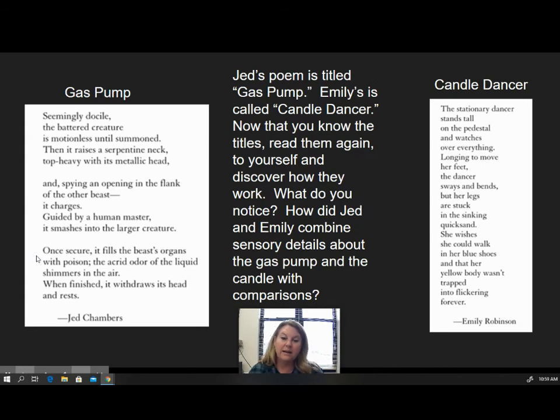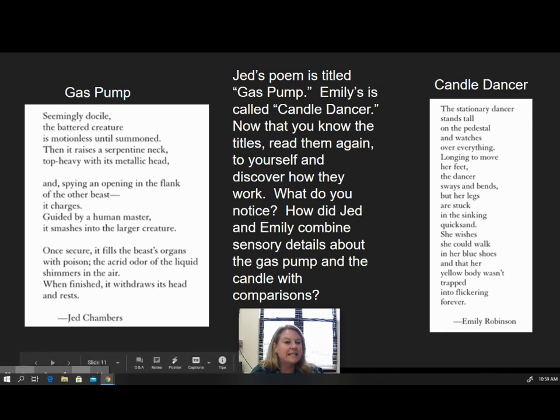I know when I put gas in my car, it looks like the air around it shimmers. That's what he's describing there. So along with personification, we're seeing some sensory details that allow us to see it now that we know it's actually a poem about a gas pump. When it is finished, it withdraws its head and rests, and that's when the person takes the gas nozzle out of the car and puts it back on the gas pump.